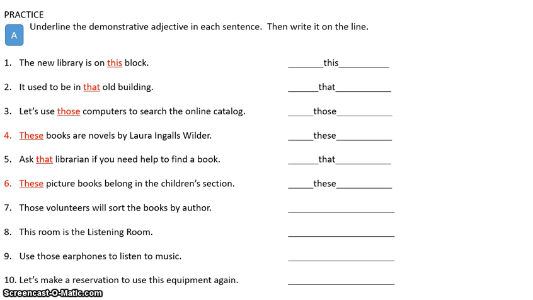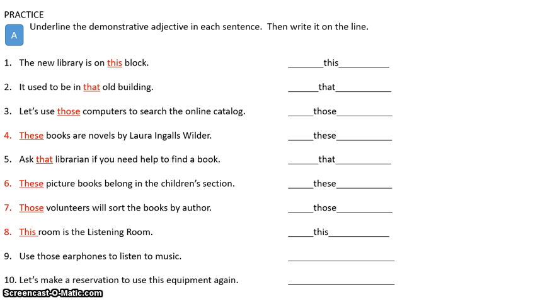Which volunteers? Those volunteers. Number 8. This room is the listening room. Which room? On that one, if I was saying what kind of room, it would be the listening room. But I'm asking which one, and I am saying this room. So this is going to be your demonstrative adjective.